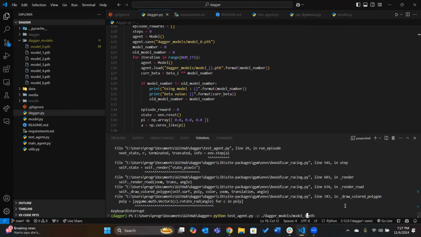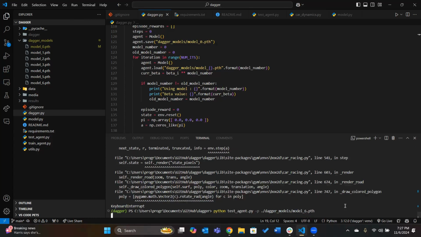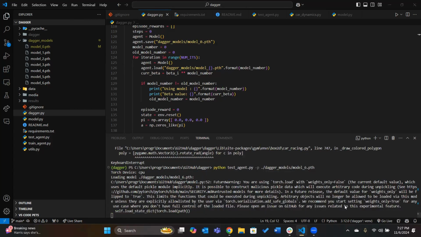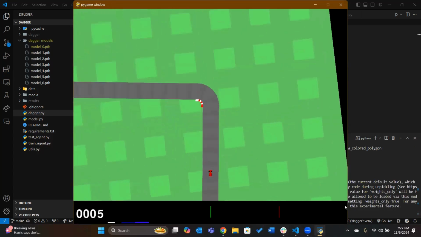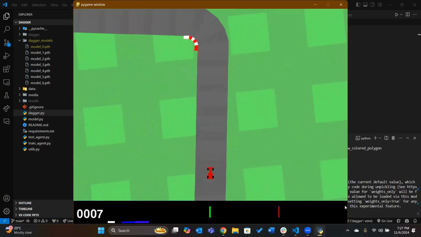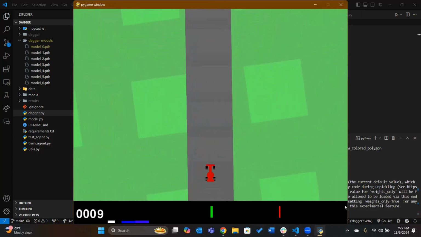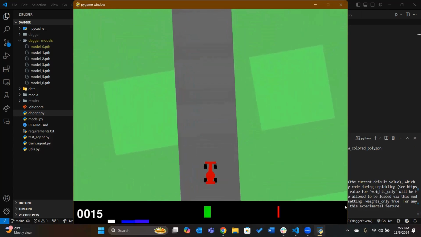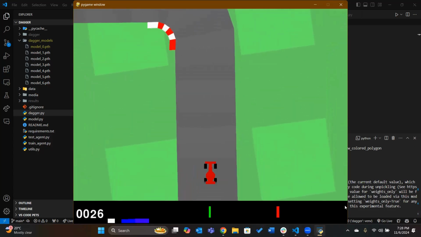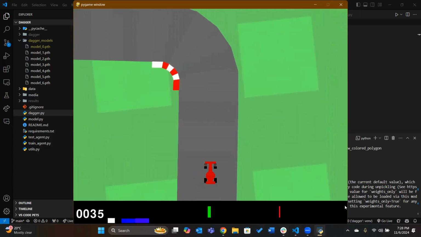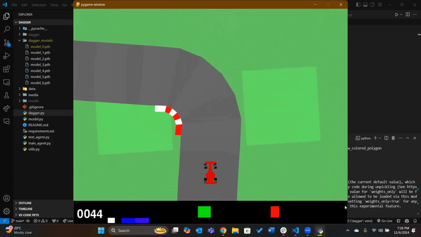Let's see if Model 6 is any better. I think it also runs slower because we are connecting to too many screens. But actually, when I run it offline, it is like a race car.